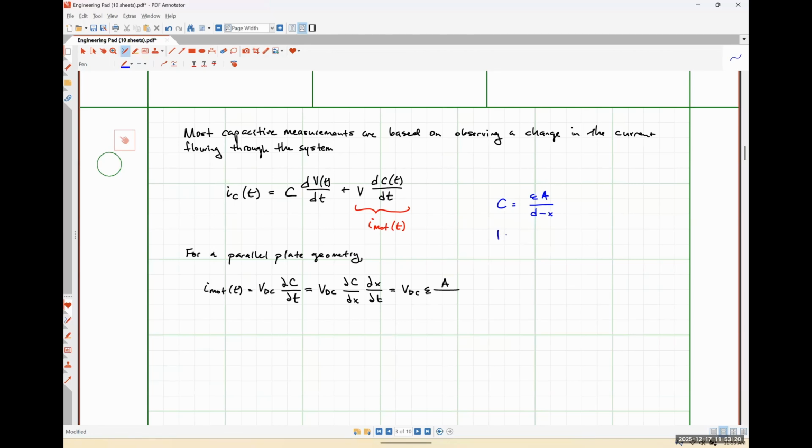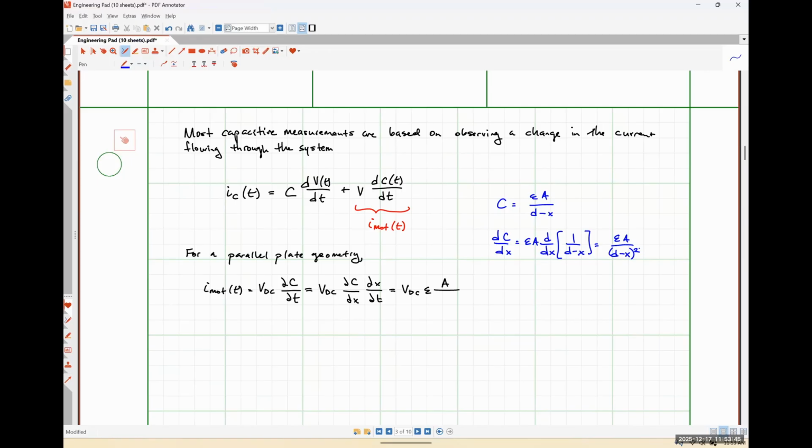The derivative of our capacitance with respect to position would be epsilon A times the derivative with respect to X of 1 over D minus X, which is just going to come out to be epsilon A over D minus X quantity squared if we use the reciprocal rule.